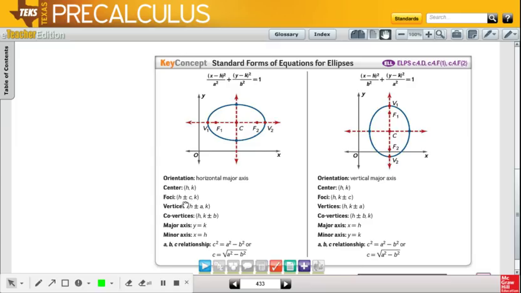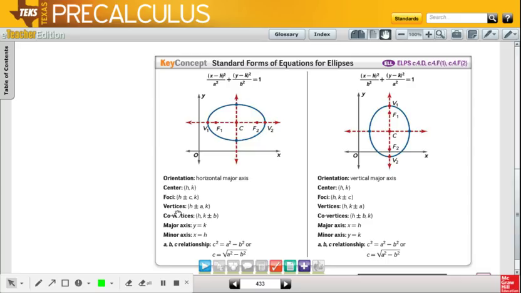The first is h plus c comma k, and the second is h minus c comma k. So that's how you get your two coordinate points for your foci.